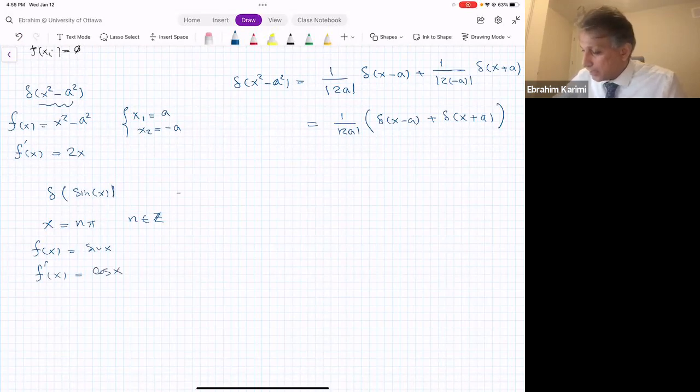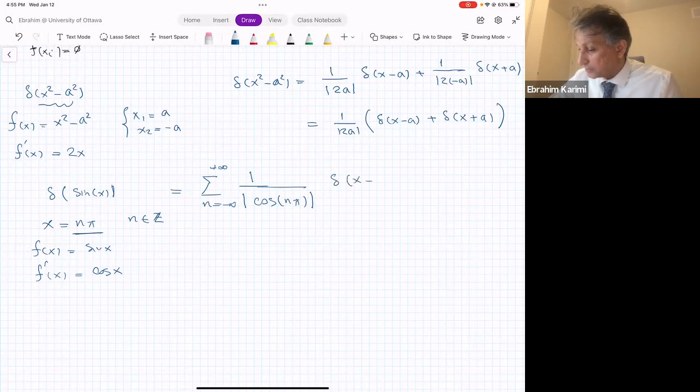Then that will be equal to a summation, which we define as 1 divided by the absolute value of f prime of x at these zeros, that will be cosine of n pi, and the summation is over n from minus infinity to plus infinity of delta of x minus n pi.